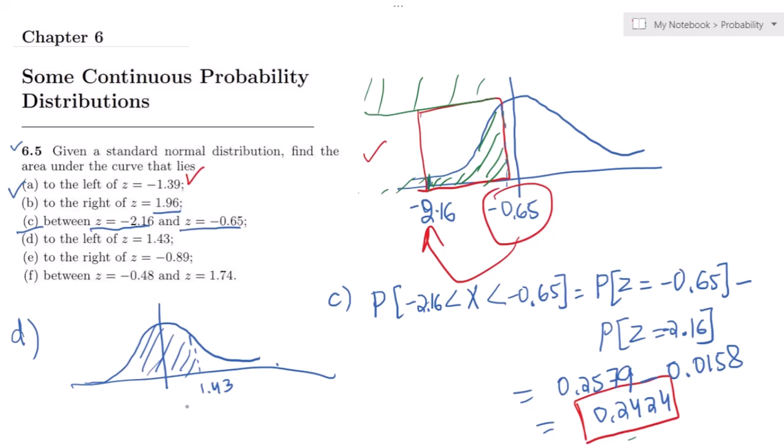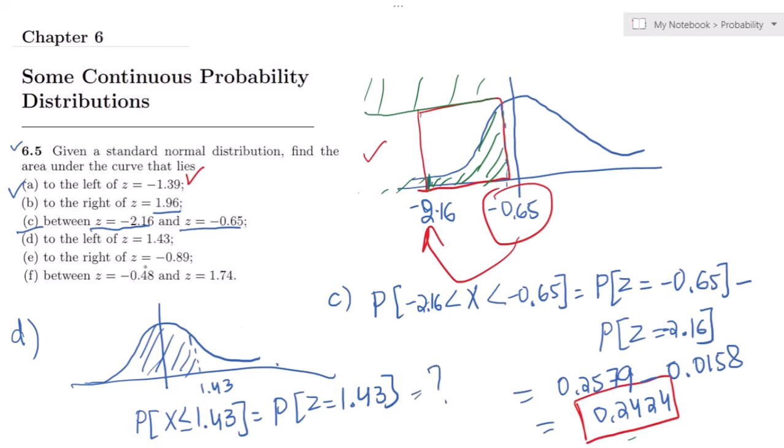This is to the left of it, so it would be the probability that x is less than or equal to 1.43, which is the probability that z is equal to 1.43. You have to consult the table, and in the rows you have to see the value for 1.4, and in the column for 0.03, and you will get the answer.